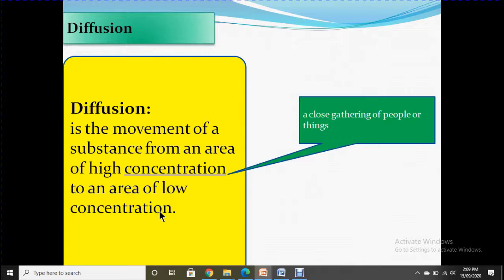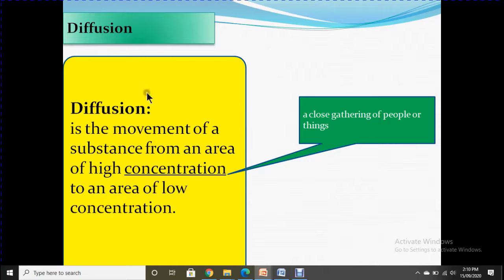Meaning, one area where the amount of that substance is more. For example, in the kitchen where your mom or sister or maid, anyone cooked something and you feel the smell from another room. It means the amount of the smell, or you can say the aroma of the cooked food, is more in the kitchen compared to any other room of your house.